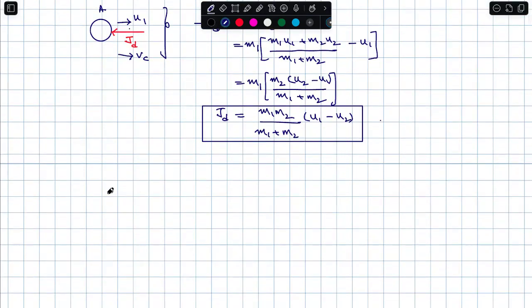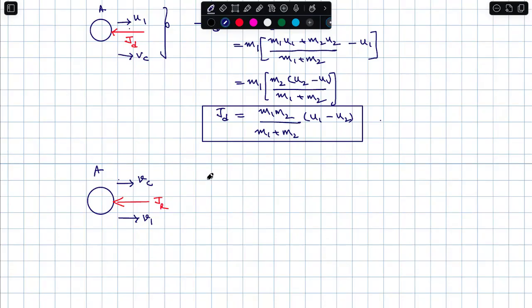Similarly, what is happening to A? Same A. When it attains a common velocity, then what happens? This will experience an impulse of reformation, after which its velocity becomes v1.